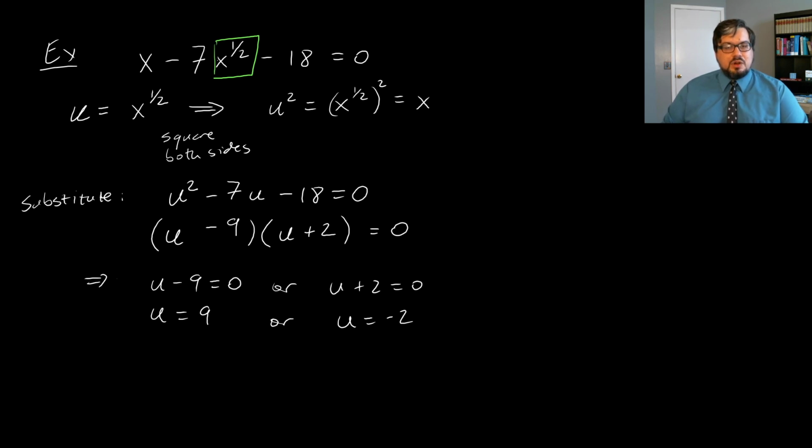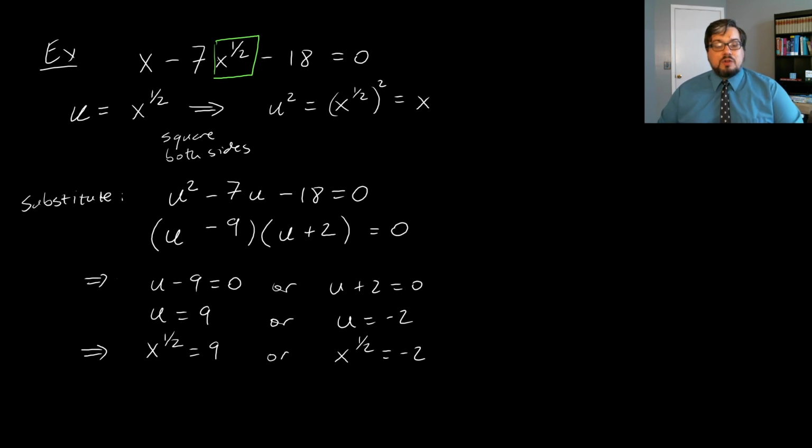All right, so that means that we can go back and figure out what x is. So if u is x to the 1/2, that means that if u equals 9, x to the 1/2 is equal to 9. And if u is equal to negative 2, that means x to the 1/2 is equal to negative 2. So now we can try to solve for x in each of these cases.